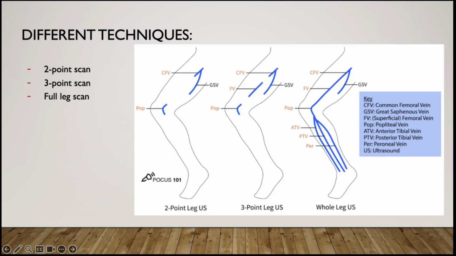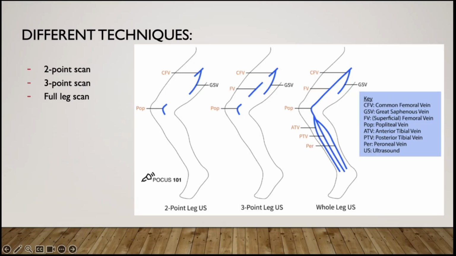we talked about earlier. Now, another approach is the 3-point leg ultrasound, as well as the whole leg ultrasound. So the whole leg, as the name entails, you kind of just run down the whole leg, evaluating the whole way through, looking at the great saphenous vein, common femoral, looking at the branch point where it becomes the superficial femoral vein, or as it's now known, femoral vein, and then the popliteal and all these veins.